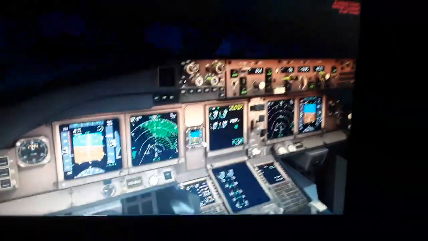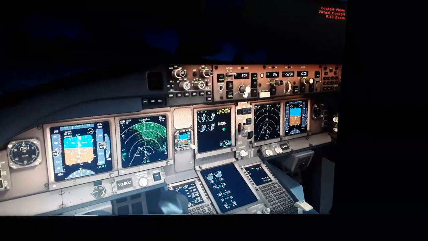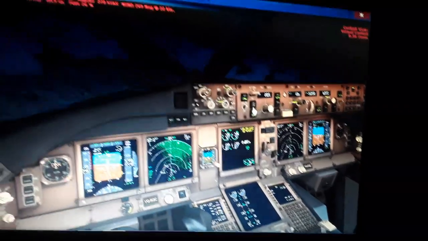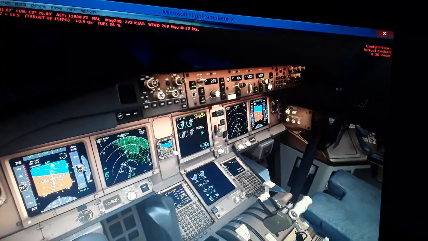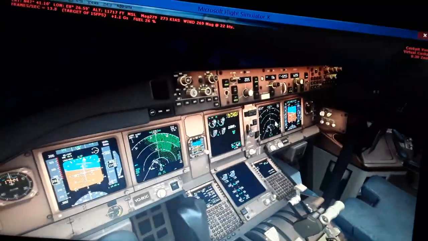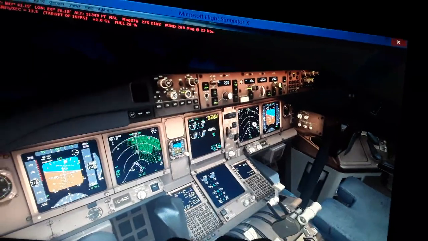So we need also decrease the airspeed further. And use the spoilers first, and some flaps maybe.